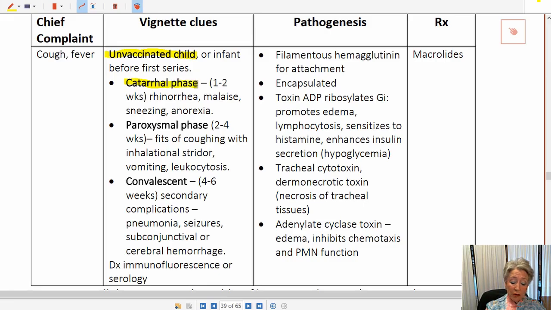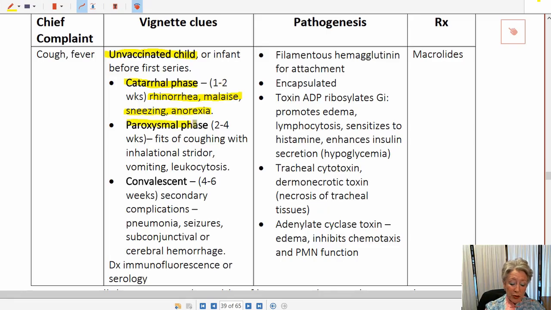Notice that the catarrhal phase simply looks like an upper respiratory tract infection. Rhinorrhea, malaise, sneezing, fever. And this is actually the period of time when there is the greatest possibility of transmission because of the fact that there are large numbers of the organisms being coughed out during this phase.